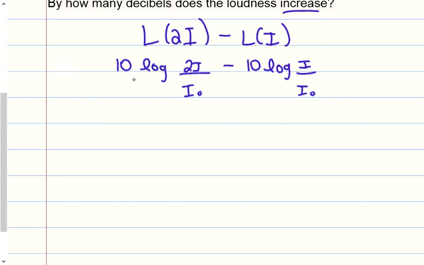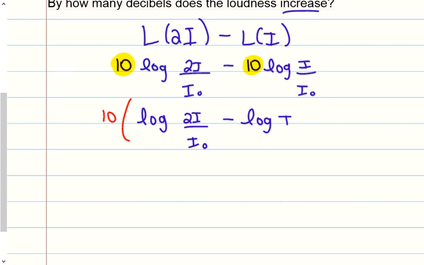Well, first of all, let's factor. They both have a 10 out front. So instead of complicating things, let's factor it out and put that 10 out front. And then I have log of 2I over I sub 0 minus log of I over I sub 0.